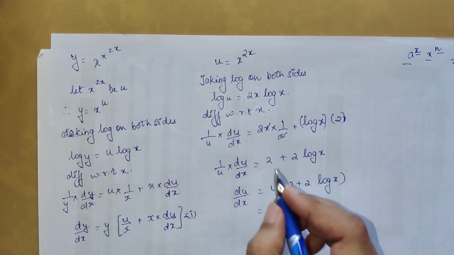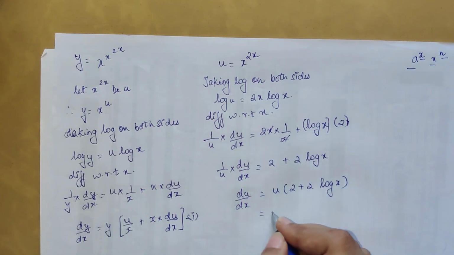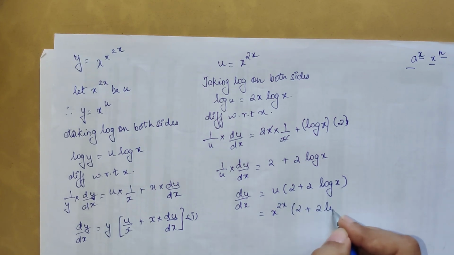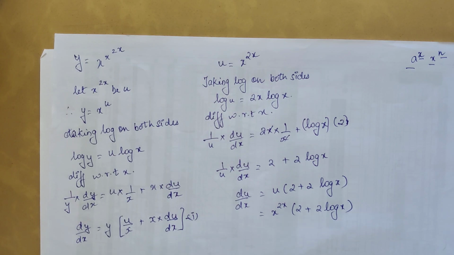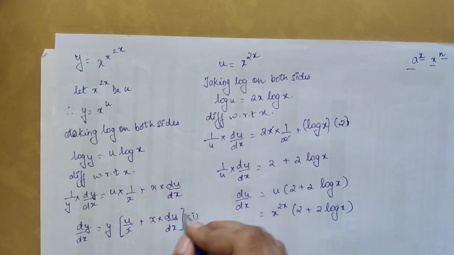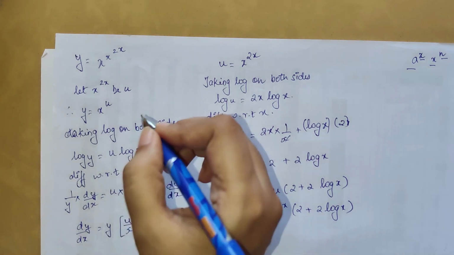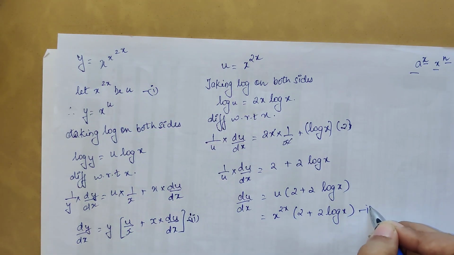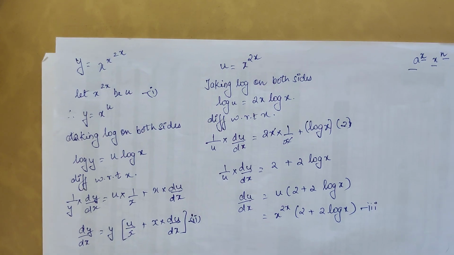That gets you, let's substitute u, so we get x raised to 2x, 2 plus 2 log x. Okay, so now I should number this 2, put this as 1 and put this as 3.